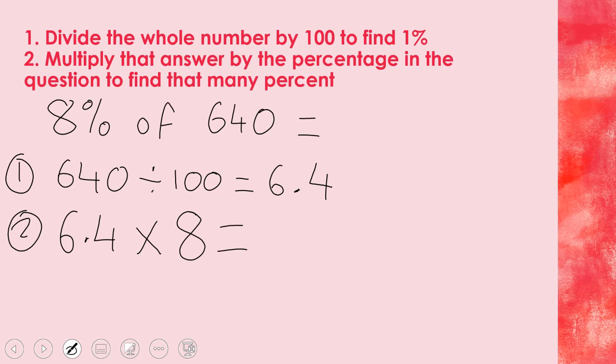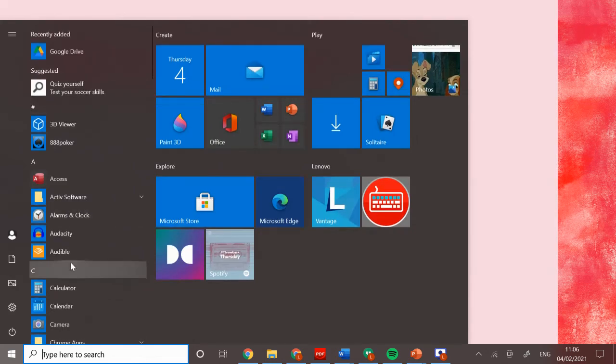Now, as we spoke about earlier in this unit, you are not expected to be able to do these questions either mentally or using a written method just yet. So if you are dealing with decimal numbers in this unit for these questions, you should feel free to use a calculator, which is what I'm going to do. I'm going to find my calculator.